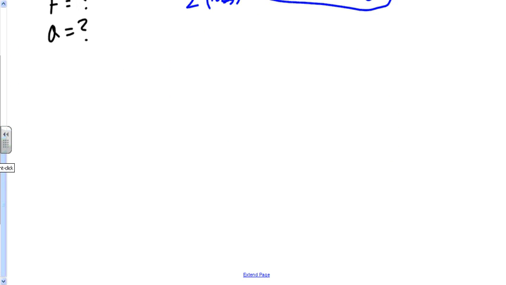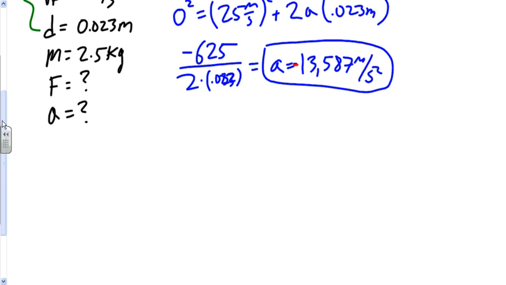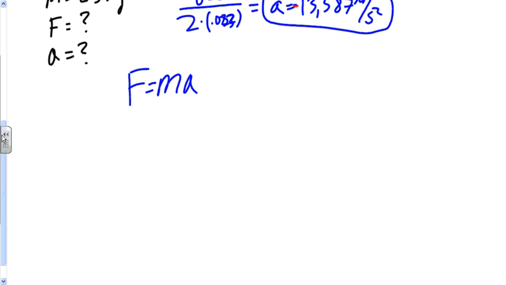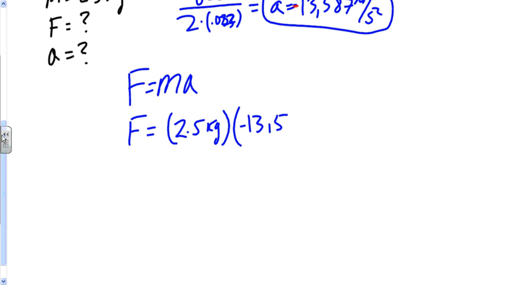Now what I'm going to do is solve for the force that the axe imparts upon the tree. Well, Newton's second law says that F equals ma. Therefore, the force is the mass of the axe, so 2.5 kilograms, times the acceleration, or I should better say the deceleration of the axe, which is negative 13,587 meters per second squared.